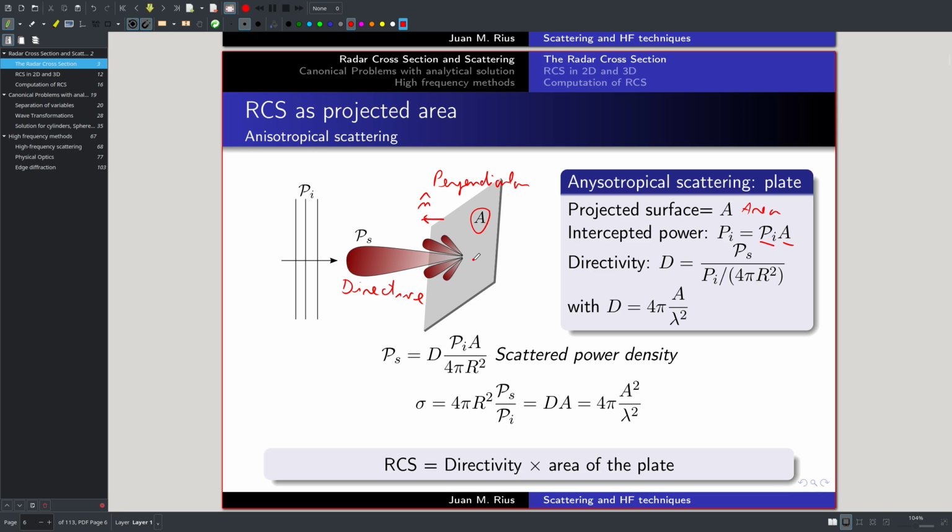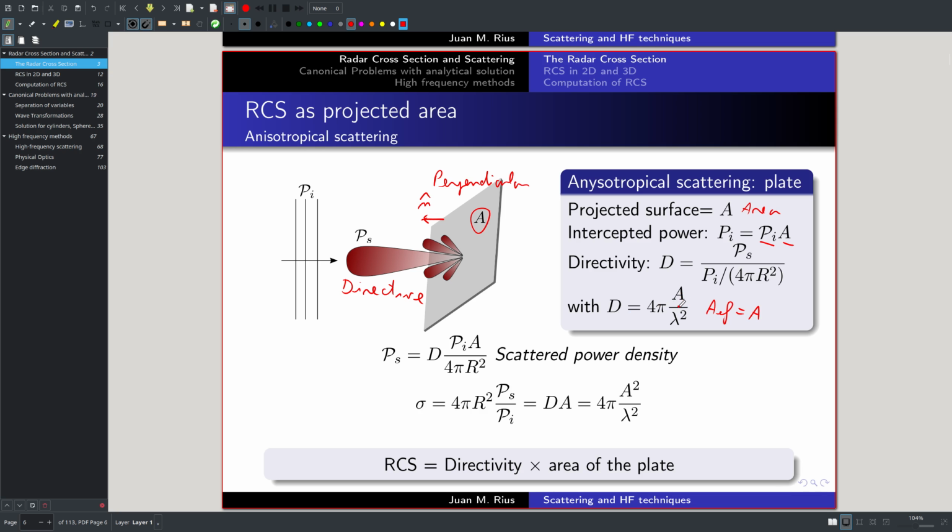You know that an aperture with uniform field has aperture efficiency, or illumination efficiency, equal to 1, so that the effective area of the aperture is equal to the physical area of the aperture.